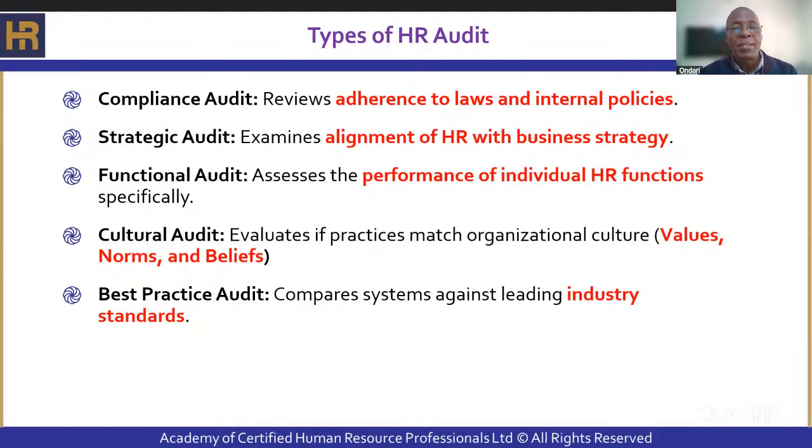And allow me to repeat, you audit: 1, recruitment and selection; 2, performance management; 3, training and development; 4, compensation and rewards; 5, health and safety; and 6, employee relations. And we are looking at how well we are doing in all those functions. Are we achieving the results from each of those functions?